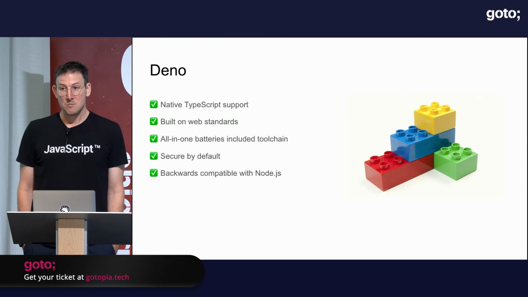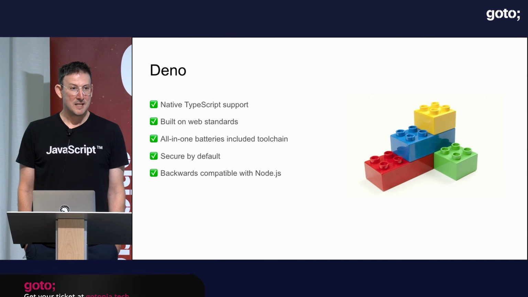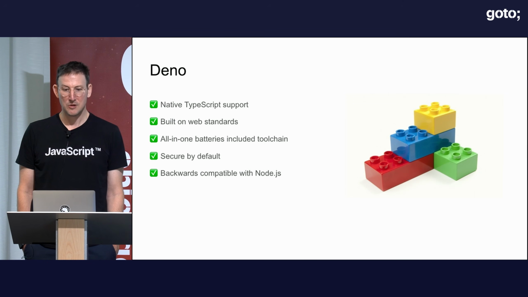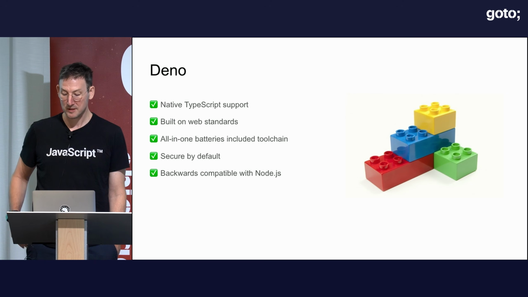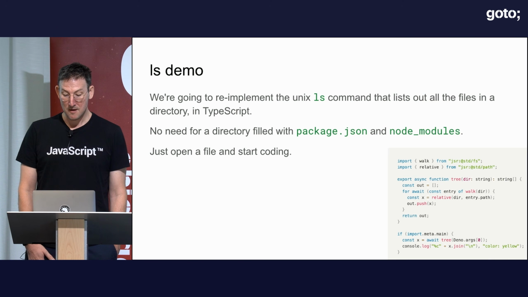Deno is an all-in-one tool chain. I'll demonstrate that, but it's literally a single file executable that has everything you need to get started and do JavaScript development. And it has some nice security properties, and it's backwards compatible with Node.